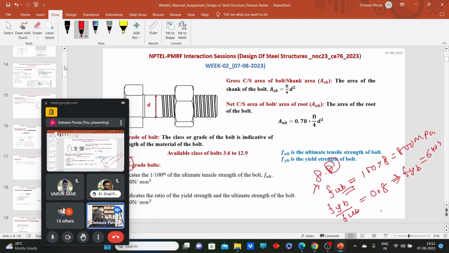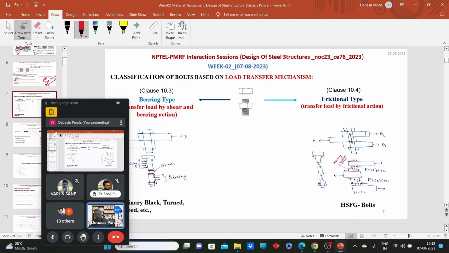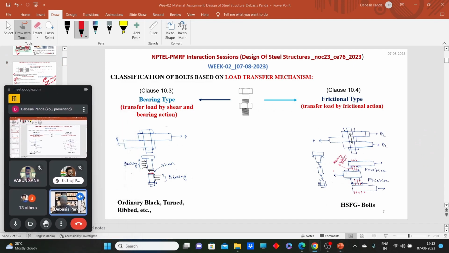Basically we have categorized the bolts based on load transfer mechanism, because if we need to make a connection or a joint, the first criterion in our mind should be that we need to transfer the load from one plate or one member to another member through that joint.